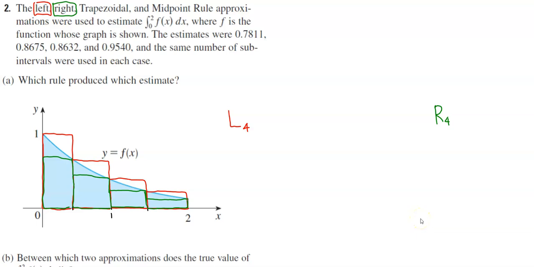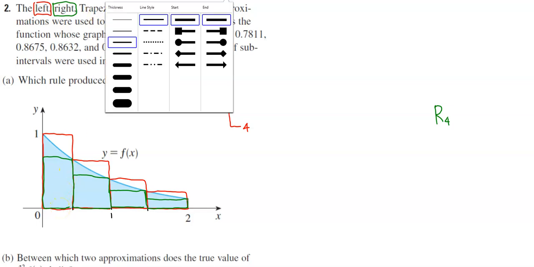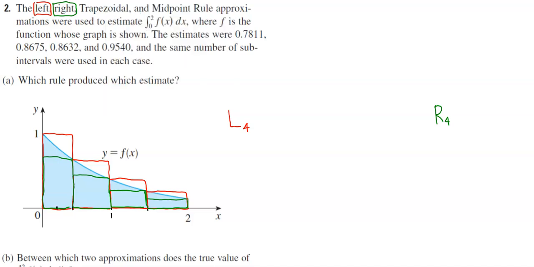Now the next thing that we want to do is take a look at the midpoint rule, and then we'll go to the trapezoidal rule. The midpoints, remember, are going to be in the middle. So we have our midpoint here, here, here, and then here. Let's go ahead and use the midpoint. If this is the midpoint, that means it's going to start here, and then we have a rectangle right through the midpoint. Here's the function, and there is our rectangle for the midpoint. Again, here is the midpoint for there, and then we have our rectangle there.